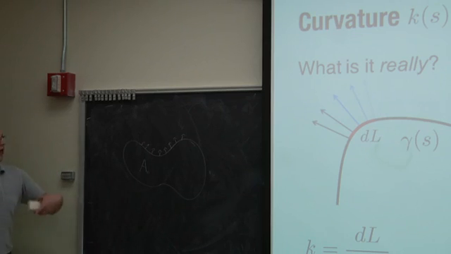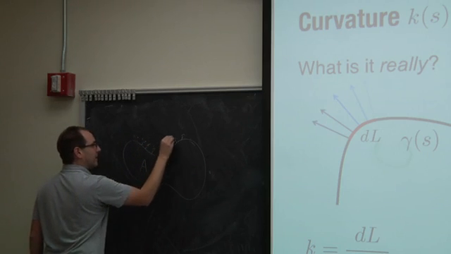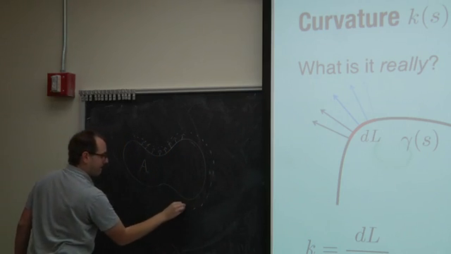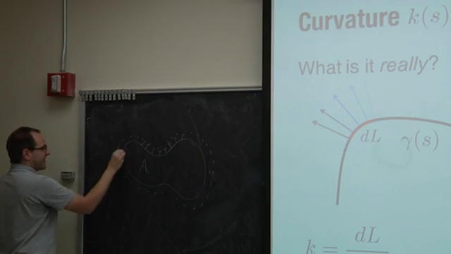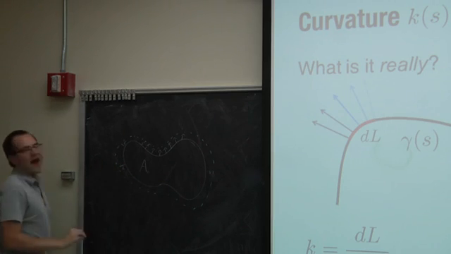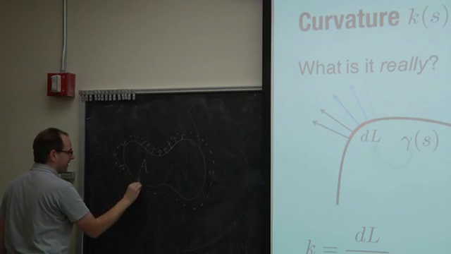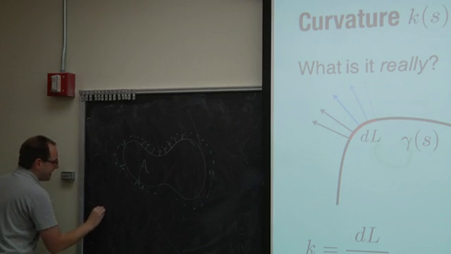And now I'm going to flow the curve in the normal direction to get a fattened area. So the distance anywhere here is epsilon. And I'll call the area that's inside the fattened area now A epsilon.